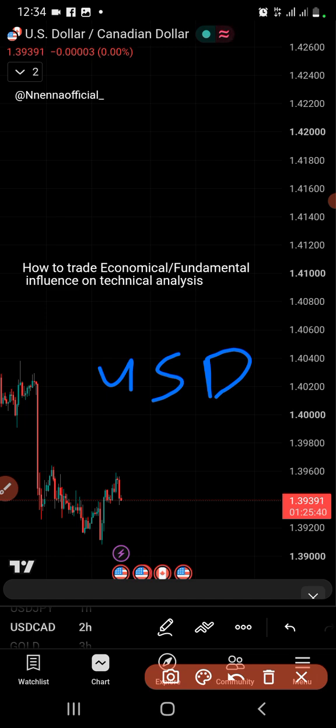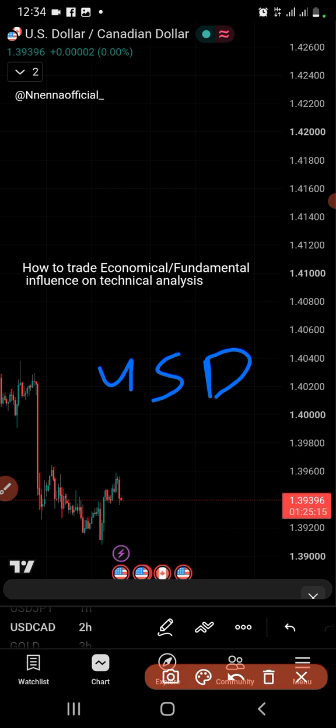You can think of the USD basket: we have USD CAD, Euro USD, GBP USD, AUD USD, NZD USD. There are a lot of currencies you can trade against the USD. That's why USD is so rampant.